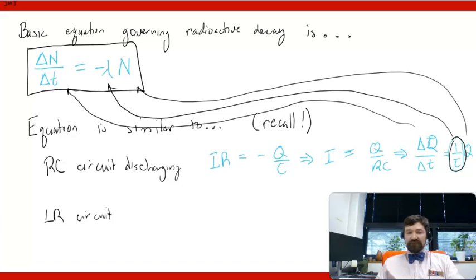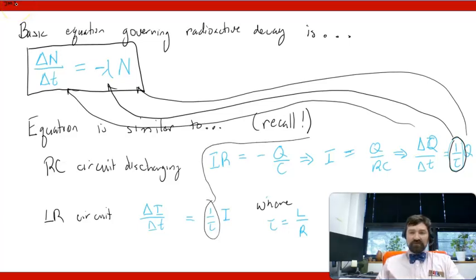And so for that one, what we ended up with was delta I over delta T was proportional to the current I with a 1 over tau factor, where in this case the tau factor is the inductance divided by the resistance of the system. So once again we have a tau which is similar to the tau that we had here.